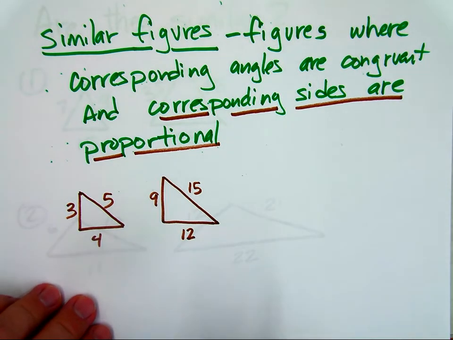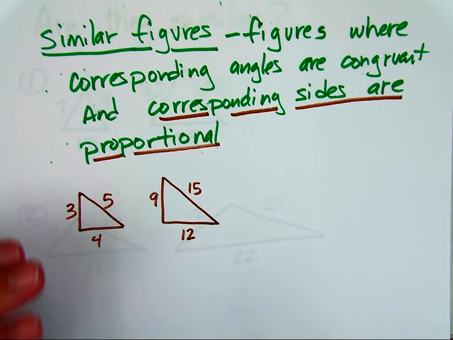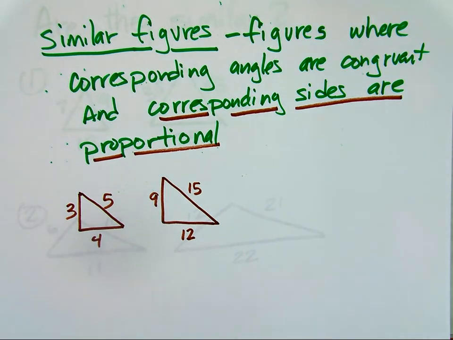If these two triangles are similar, then all of their sides will be proportional. Keep in mind what our definition of a proportion is. A proportion states that two ratios are equal. So if we match up the corresponding sides, we can check to see if everything has the same ratio.